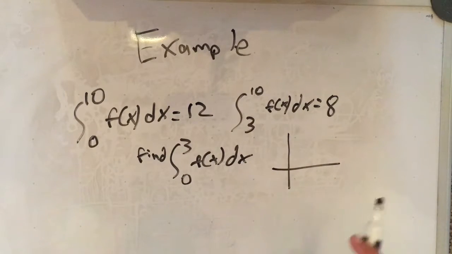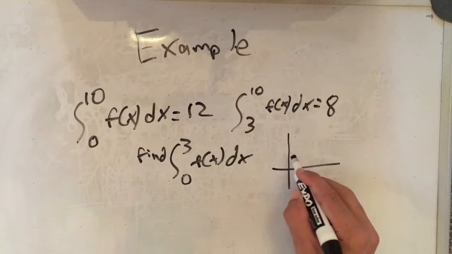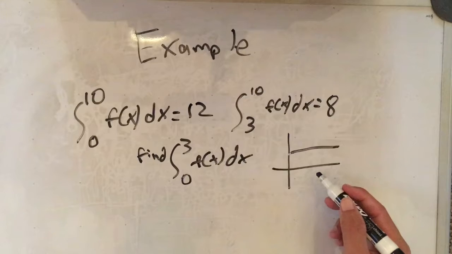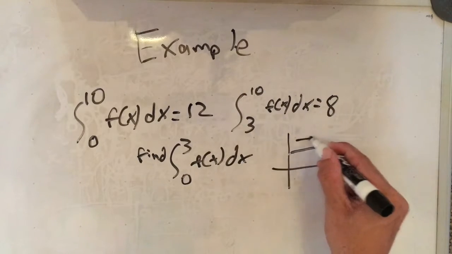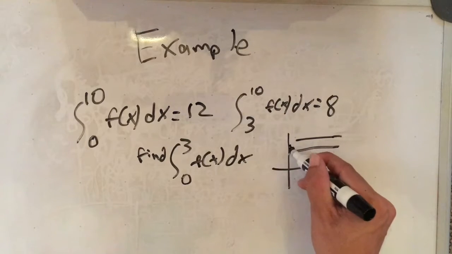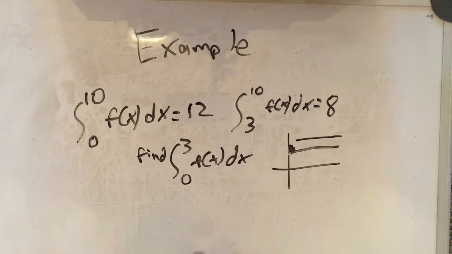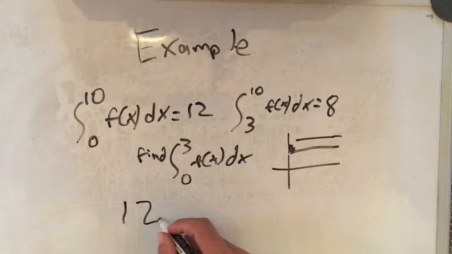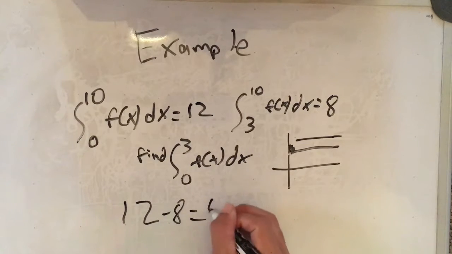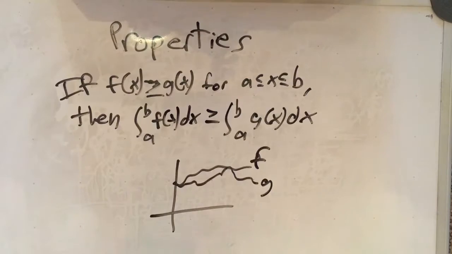So we can use that sort of thinking. 0 to 10 is 12, 3 to 10 is 8, and we're trying to find 0 to 3. So all we need to do is 12 minus 8, or 4.